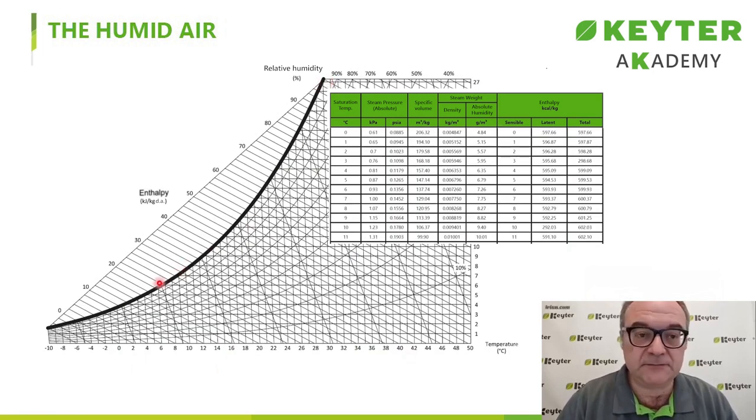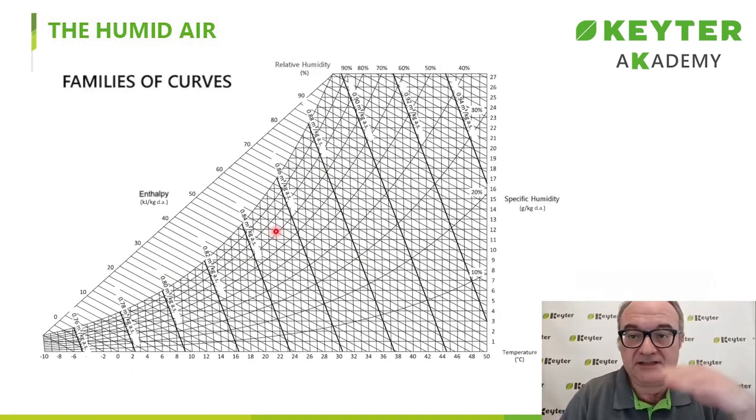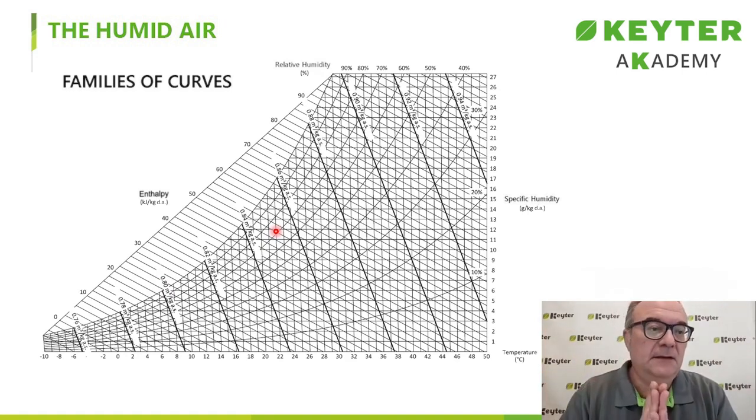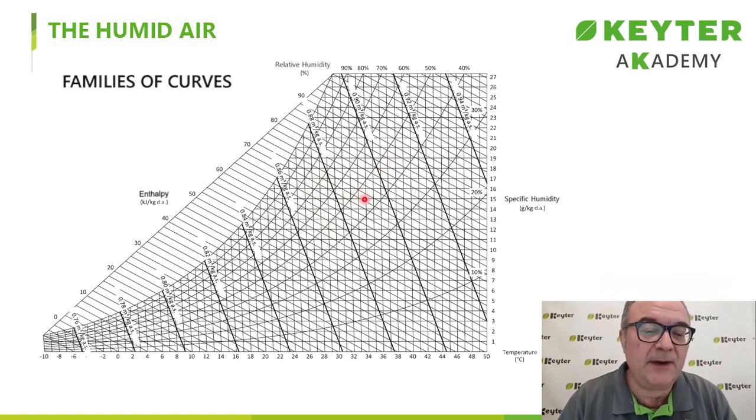We'll see it later. And what happens in between? In the middle, there are many states where the fluctuating factor is not the dry air, but the water vapor content. To see the family of curves, all these lines of curves or straight lines that the diagram has, we'll start with the ones we know best.